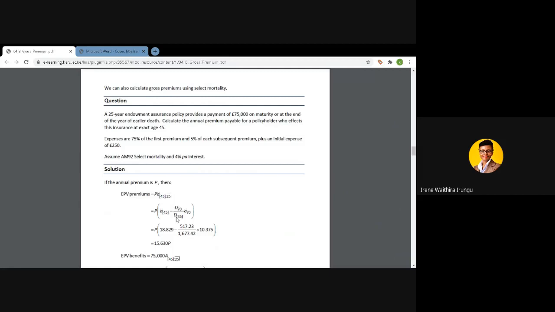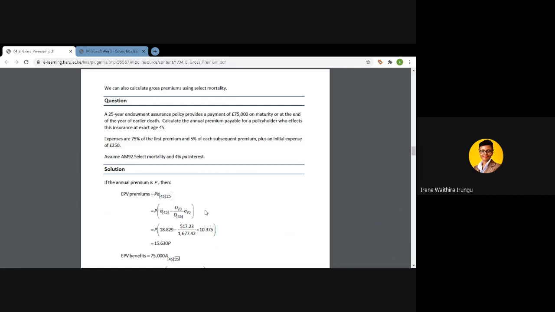For the denominator, it usually takes the form of D_x, which remains as D_[45]. Then we have ä_{x+n}. Again, the select period has been surpassed, and therefore we'll still have it as ä_70 without the select period.